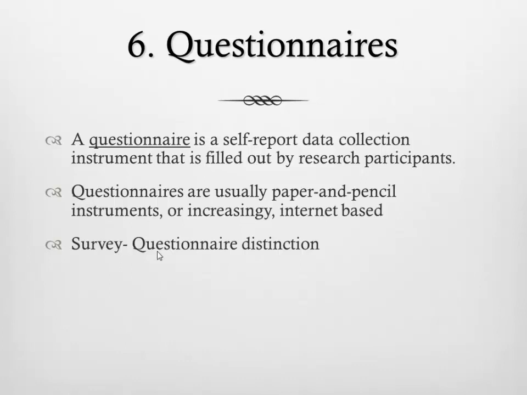The paper or instrument on the internet where people actually fill in their information, a lot of times we call those surveys, but technically that should be called the questionnaire, and the questionnaire is what we use in doing survey research. So survey is the research, questionnaire is the instrument.